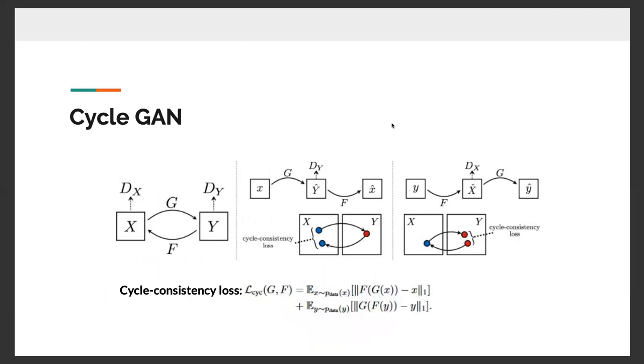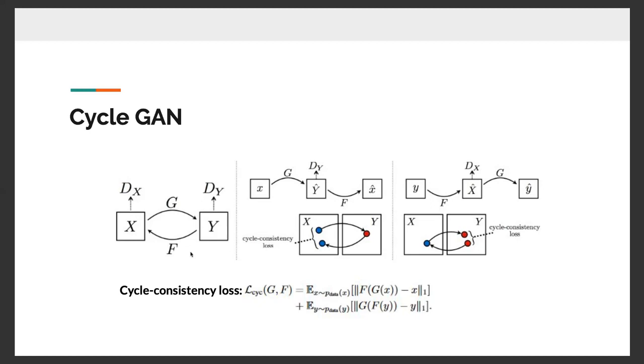Now let's look at the framework and get to know how this CycleGAN works. We have 2 generators here, G and F, 2 discriminators, D_X and D_Y, and 2 domains. The X domain is the domain of our input images, and Y is the domain we want. So this is a cycle where we can generate the images in the Y domain by G, and also generate the X image back by using the F generator.